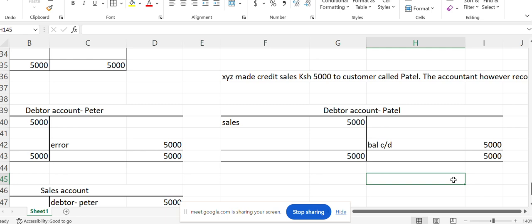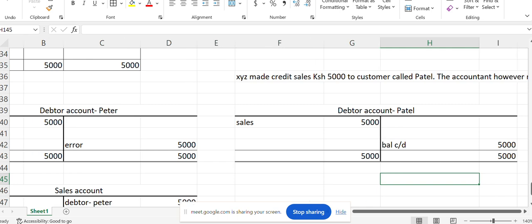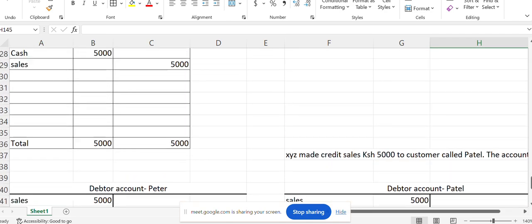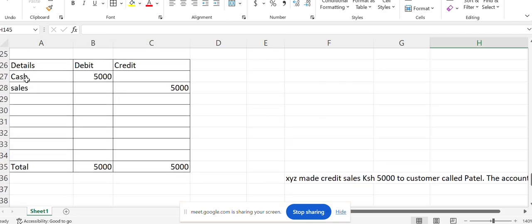But even if you did not open a new account called Patel, the same figures will go to the trial balance, whether Peter or Patel: 5,000 on the debit side, then sales 5,000 on the credit side. So you can see this is a good example of an error that does not affect the trial balance.